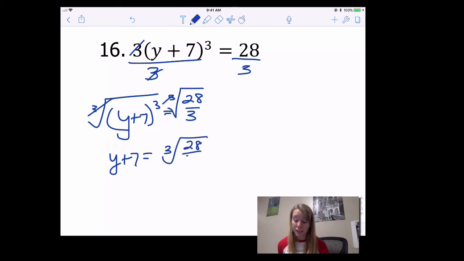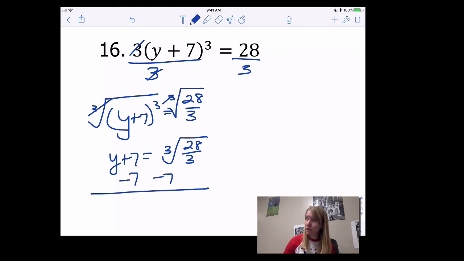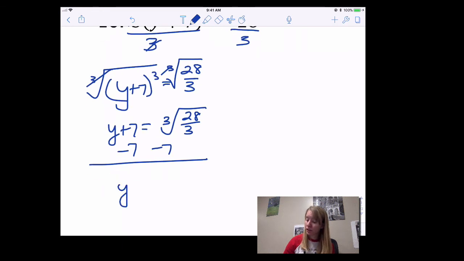Again, in the next lesson, we're actually going to learn what we do with that 28 over 3 in the third root. Because remember, we don't like to have radicals in the denominator of a fraction. So we're going to deal with that, just not today. Subtract 7 on both sides. And I get y is equal to negative 7 plus the third root of 28 over 3.